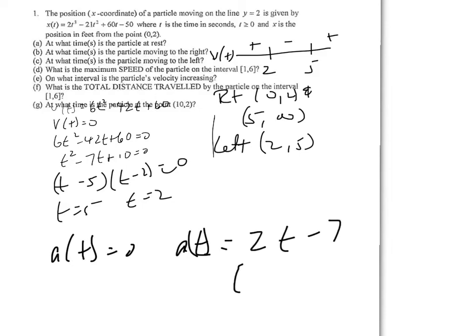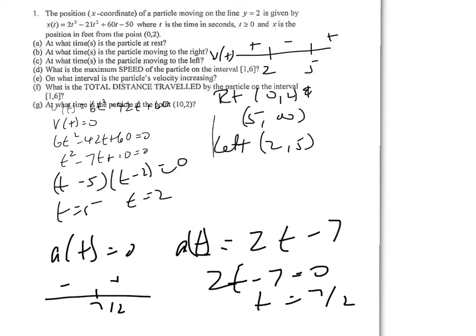And so 2t minus 7 is equal to 0 when t is equal to 7 halves. We're going to check that on the number line at 7 halves. It's negative and then positive, so that we know that the acceleration is decreasing and increasing gives us a 0 at that point. So therefore it has a maximum speed, part D, at the time 7 halves.